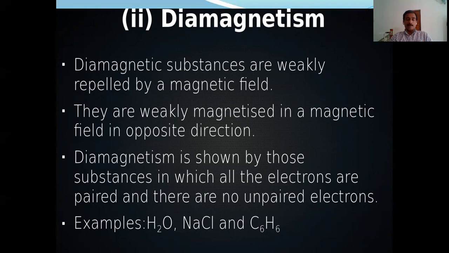What is the reason? Water is a diamagnetic substance. So diamagnetic substances have completely filled orbitals. There is no unpaired electron. Examples: H2O, NaCl, and benzene.